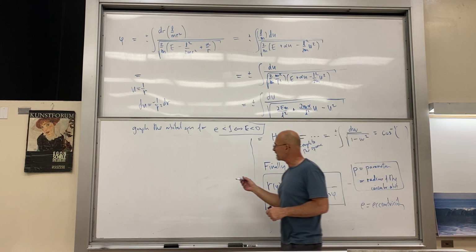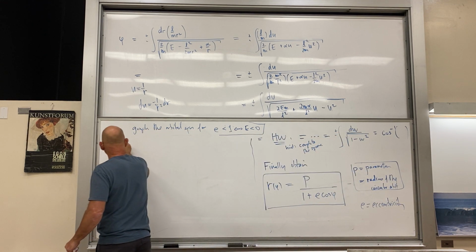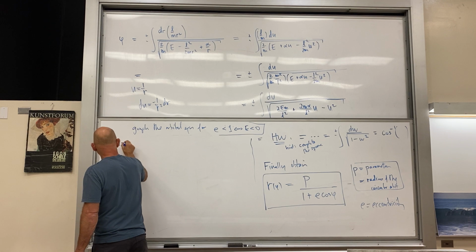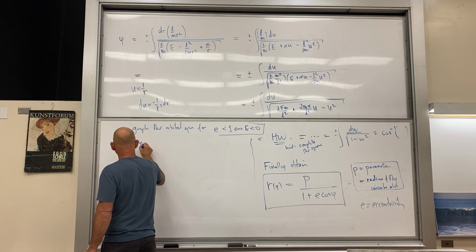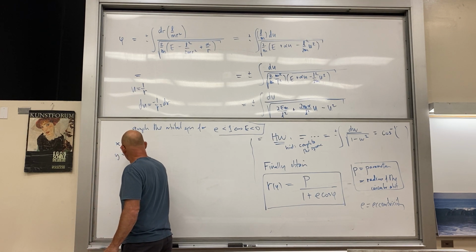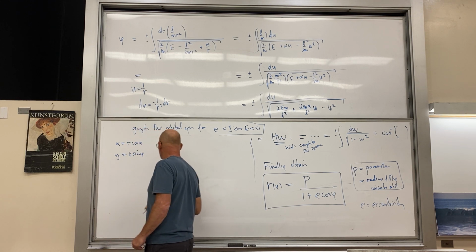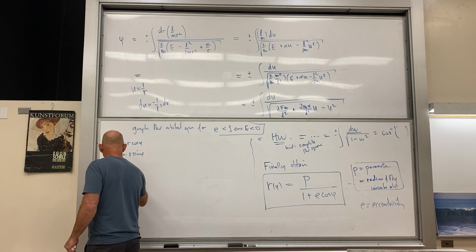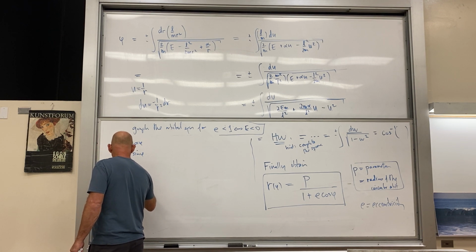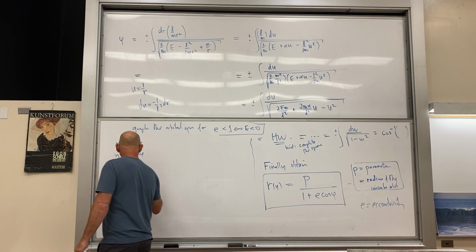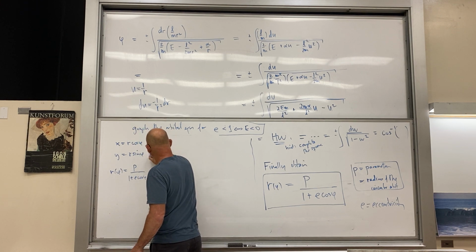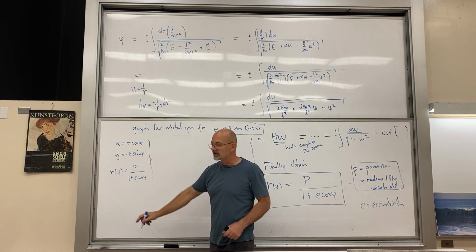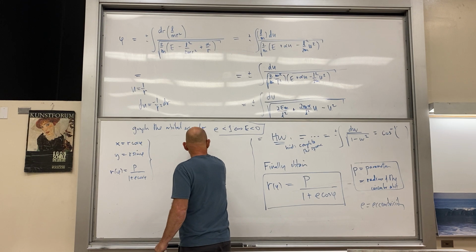So suppose we want to graph this. What we have to do is note that x equals r cos phi. Remember we started with plane polar coordinates, r sine phi, and we have this r of phi equals p over 1 plus e cos phi. So those are our ingredients. You guys are going to supply what p and e are equal to. But now let's make a decent sized graph. In fact, this should be a page filler.